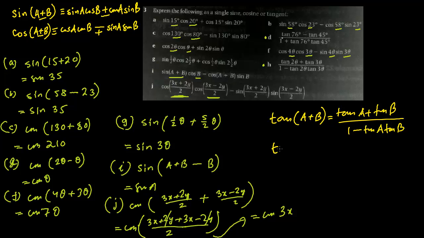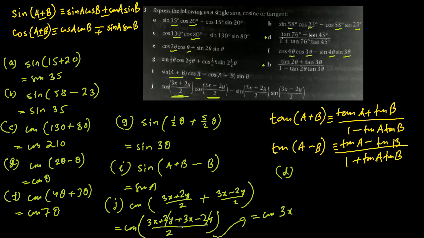If this was minus, tan A minus B, then it would be identical to tan A minus tan B, and this one would be 1 plus tan A tan B. So that's all. So what we have to do over here is question number D.